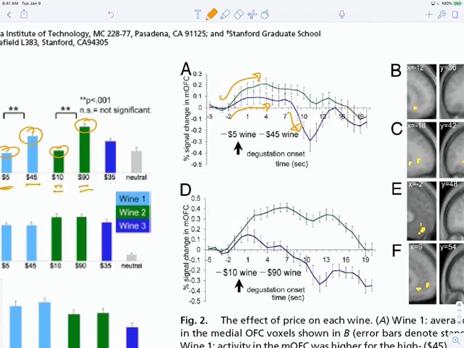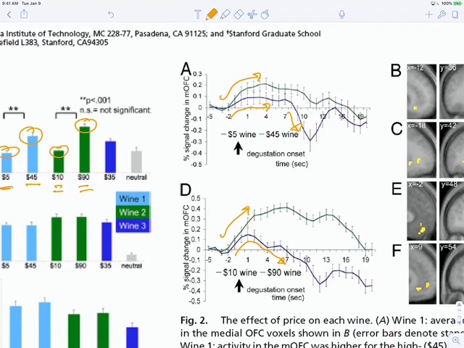And you see the same thing between a lot of activation for the $90 wine, versus just a blip, and then this negative for the $10 wine. So from a reward point of view, how much you think something costs actually, even in your brain, is computed as just not as good if it's a cheap wine.